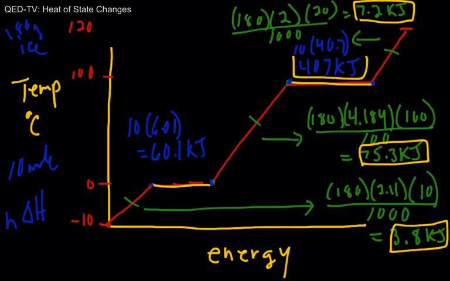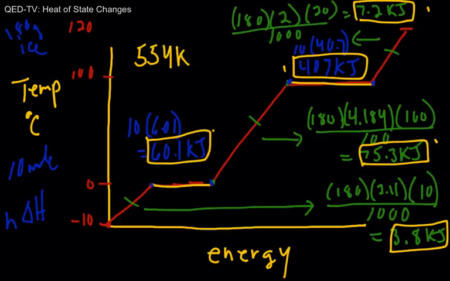Here's how much energy it took to vaporize the liquid water. And here's how much energy it took to melt the ice. So if I take all 5 of these and add them all up, and you can check the math on this, I get around 554 kilojoules of heat or energy it took to do all of that.